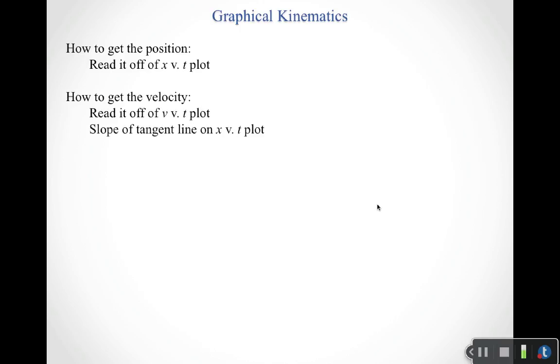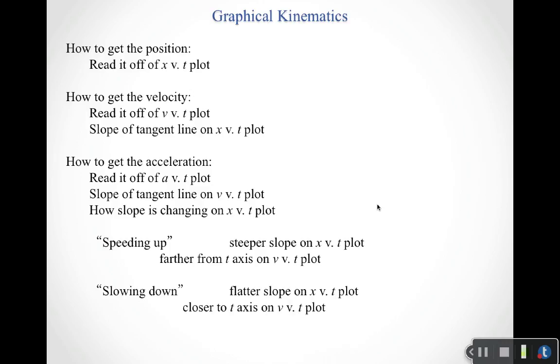So if you're interested in figuring out these kinematical values graphically, here's what you have to do. If you want to know the position, just read it off of an x versus t plot. That's the only option you've got. If you want to know the velocity, now you've got two options. You can read it off of a velocity versus time plot, or you can calculate the slope of the tangent line on a position versus time plot.